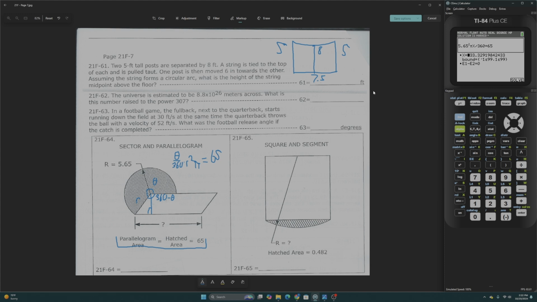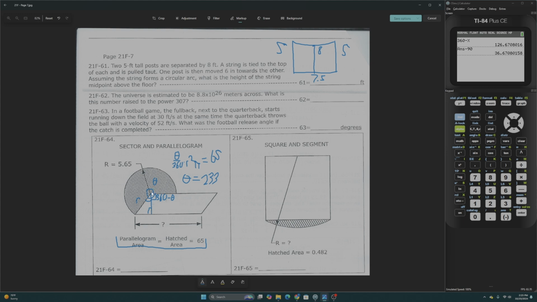X is the angle, so theta is 233. Now we can figure out the angle down there by doing 360 minus theta, which is stored under x. That is 126.67 degrees. But we're going to subtract 90, because that angle right there is 90 degrees. So now we know that that angle is 36.67 degrees.